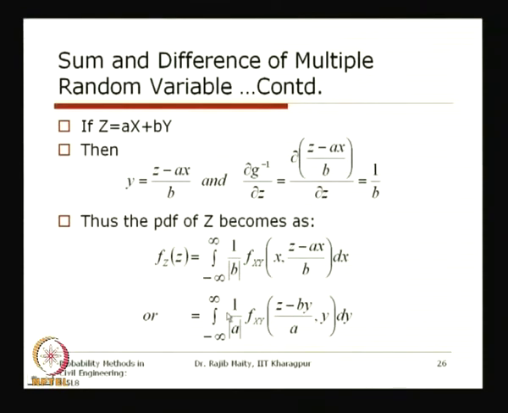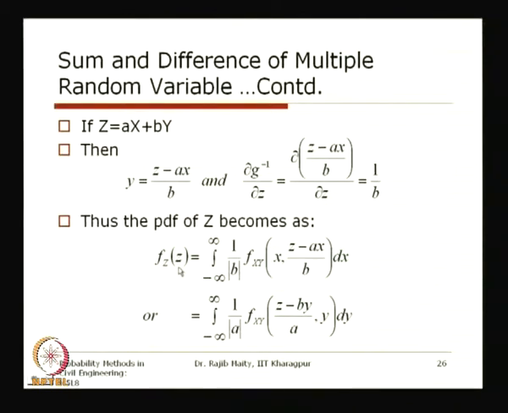Now let us take the more general case, where z is equal to ax plus by. Instead of simply adding, we multiply by some coefficients: x by the coefficient a and y by the coefficient b. Then we get y equal to (z minus ax) by b, and the derivative that we get is equal to 1 by b.